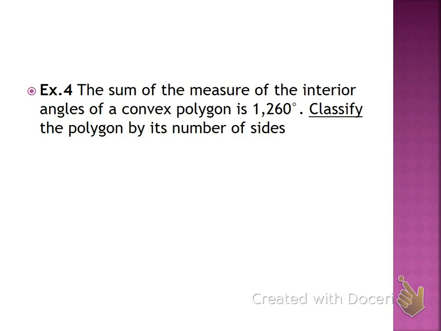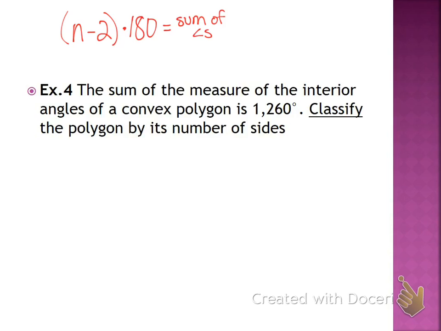So we are going to use that same formula. So n minus 2 times 180, that gave us the sum of the angles. This time they gave us that sum. And they are asking us to classify it by its number of sides, which means we need to find n.